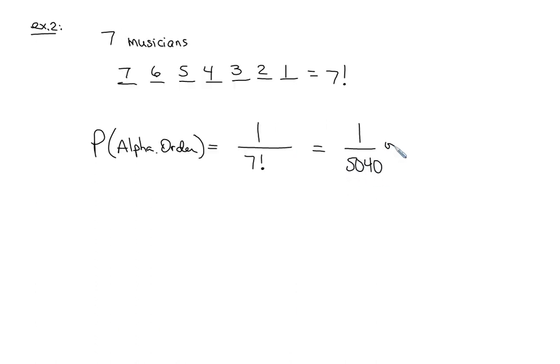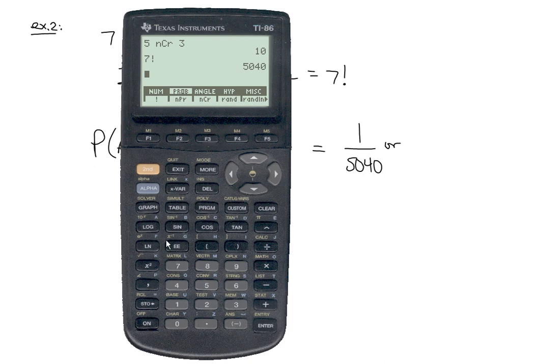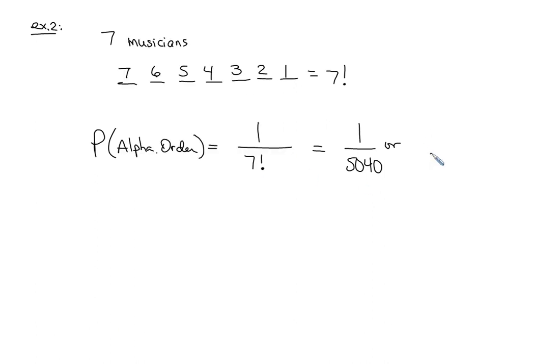So 1 over 5,040, or if we wanted to actually get this as a decimal, you don't have to unless they ask you to. I would just leave it as a fraction. But just to give you an idea, it's 1.98 times 10 to the negative 4th power, right? So just to give you an idea, that's 0.000198.